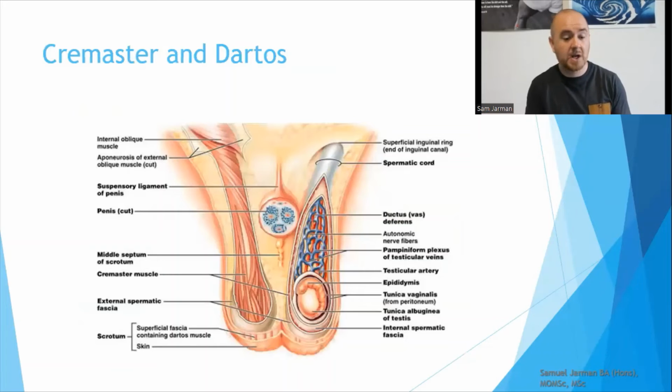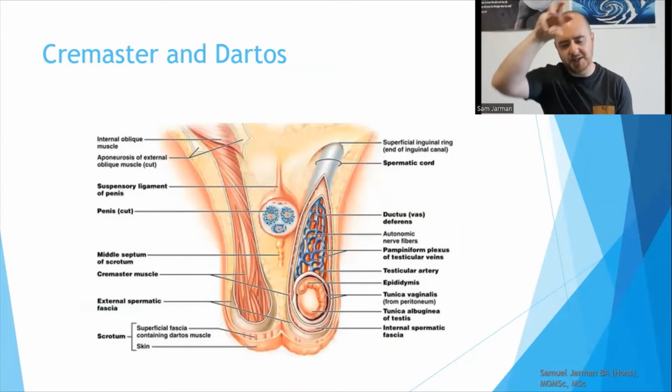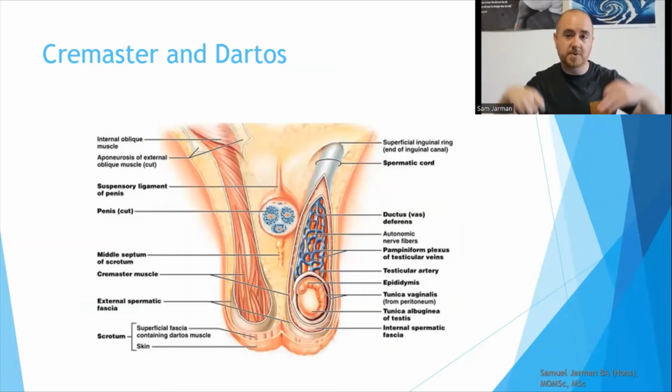So we've already talked about the cremaster and the dartos. The cremaster you can see on the side without the veins. I'm somewhat confused as to how to flip my orientation to speak to the screen properly, but on the side without the pampiniform plexus, you can see from the internal oblique, the cremaster descending to basically be able to lift or allow for descent of the testicles.